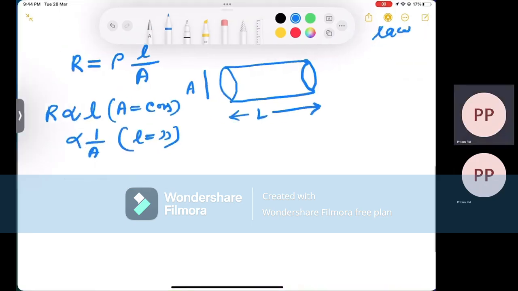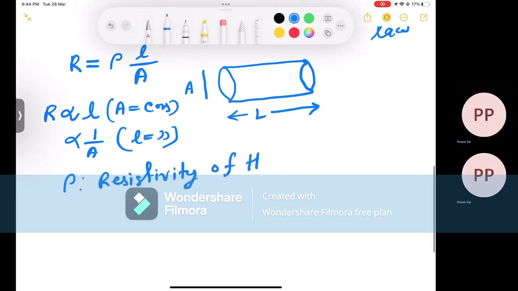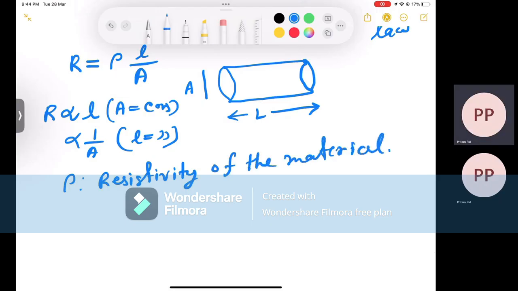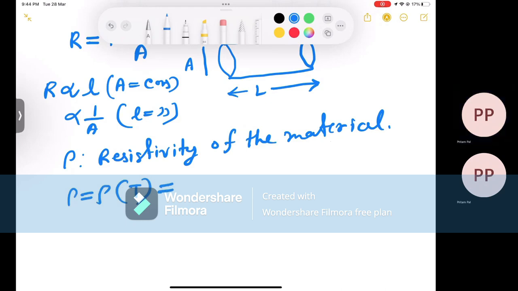So this rho is called the resistivity of the material. It depends on the material, but it's basically a function of temperature. At a fixed temperature, we have a constant resistivity in the circuit.